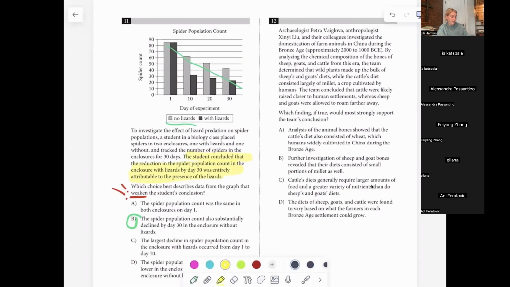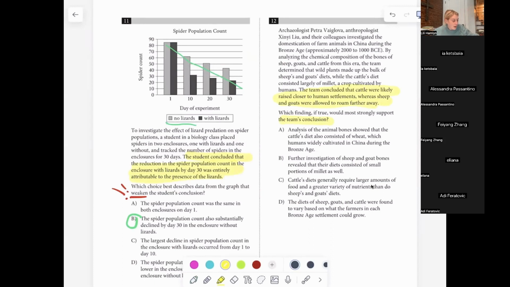Which finding, if true, would most strongly support the team's conclusion? The team concluded that the cattle were likely raised closer to human settlements, where sheep and goats were allowed to roam further away. Okay, great. So they looked at the bones and said that the sheep and goats' diets were wild plants, whereas the cattle's diet was cultivated crops.